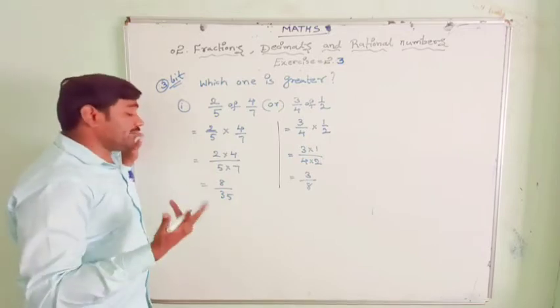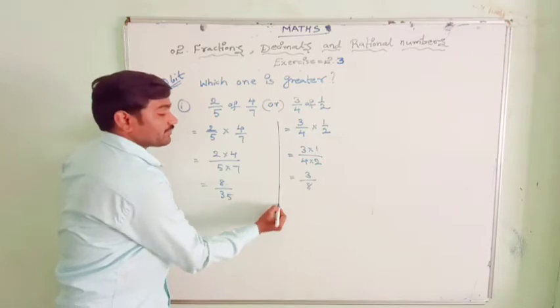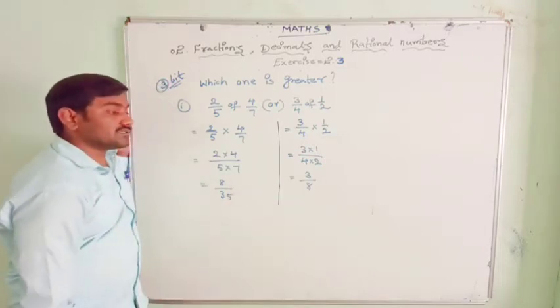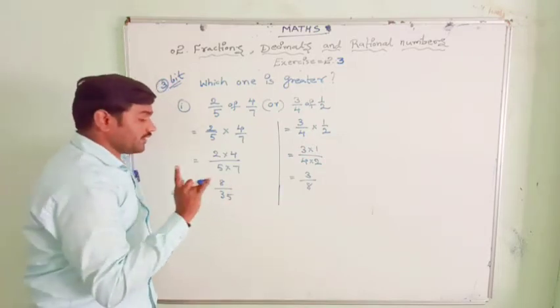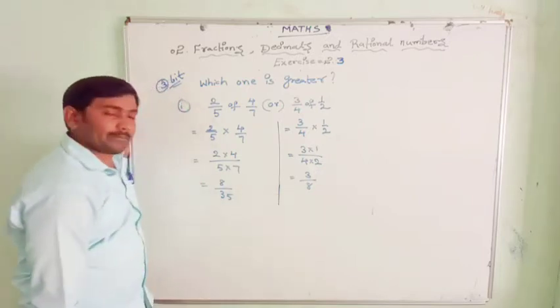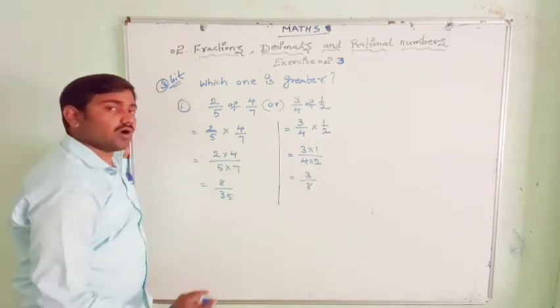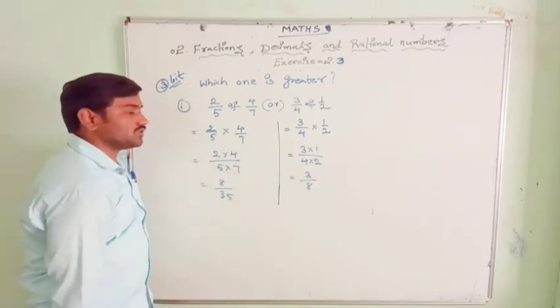We cannot compare them in this way. To understand in a better way, listen everybody, these denominators are not the same to compare. So how to identify which one is greater?